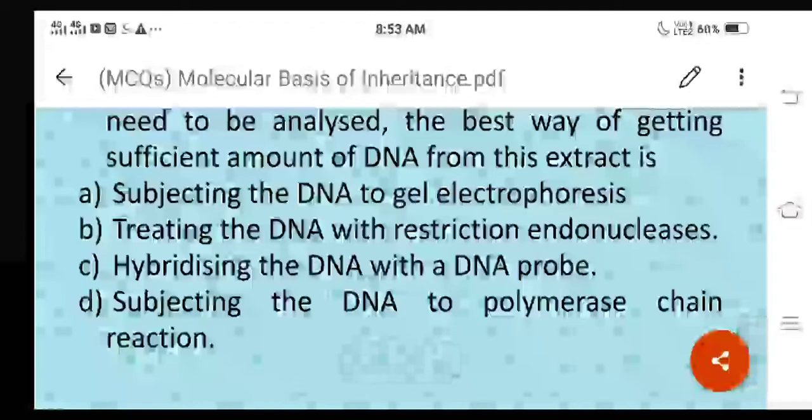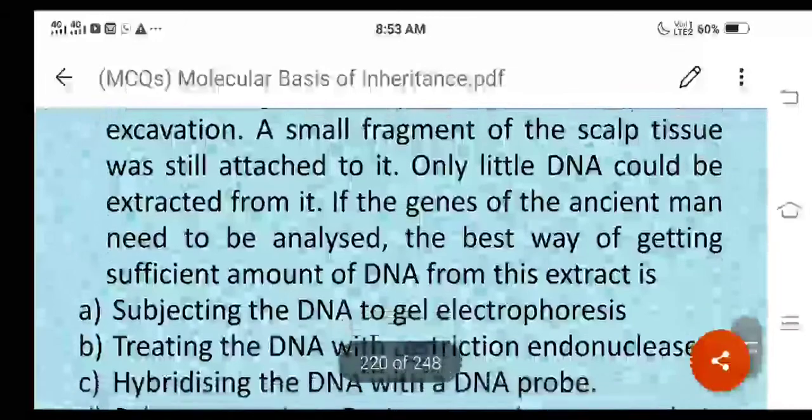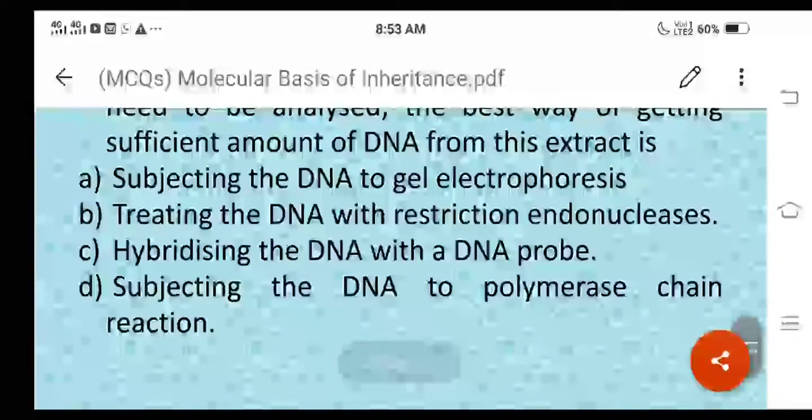According to the question, option D becomes the correct answer, because when only a little DNA is there, we can increase the DNA content by using a technique called polymerase chain reaction. This will help in the DNA fingerprinting procedure while collecting the sample from the site.